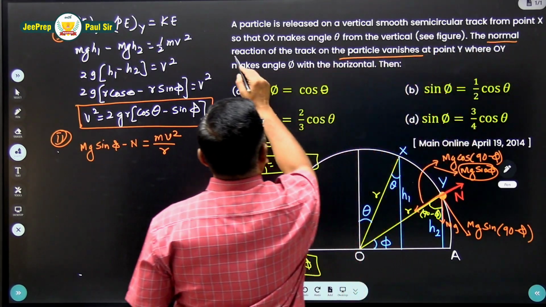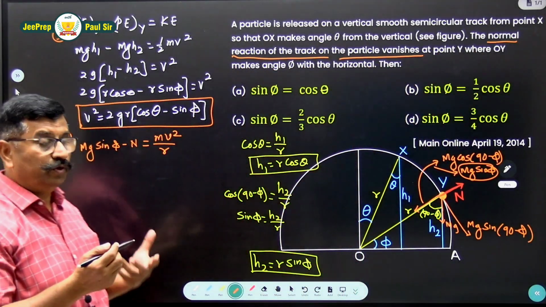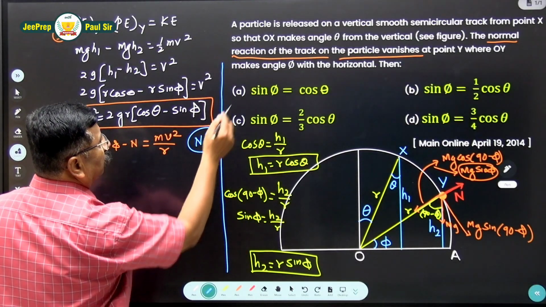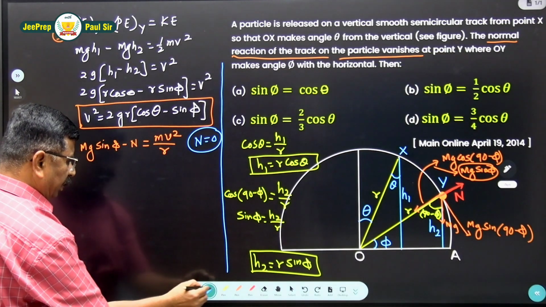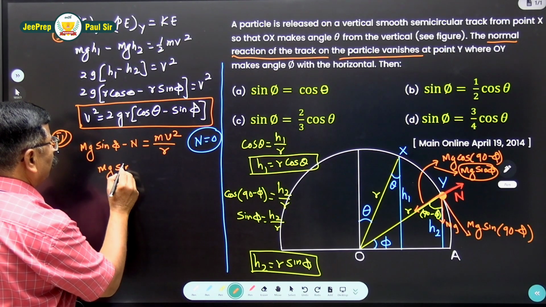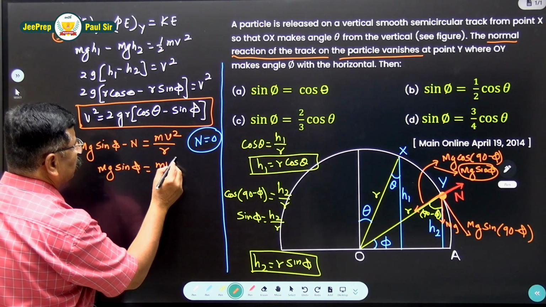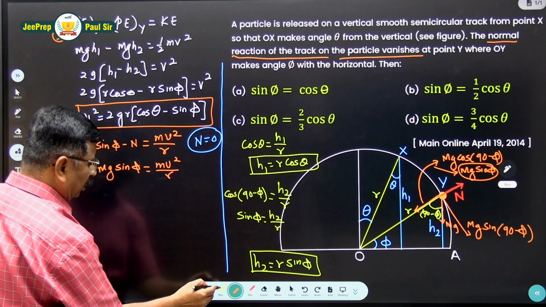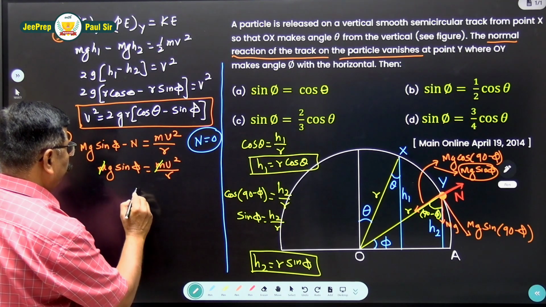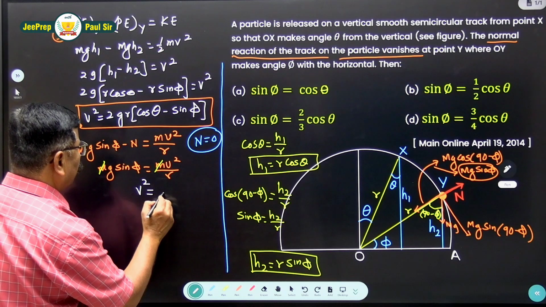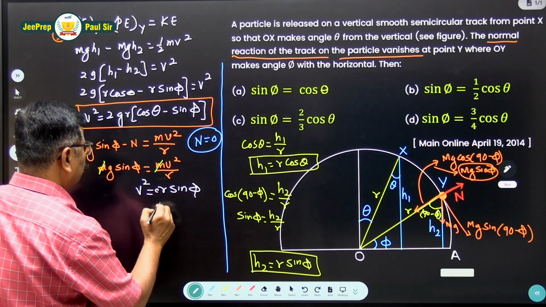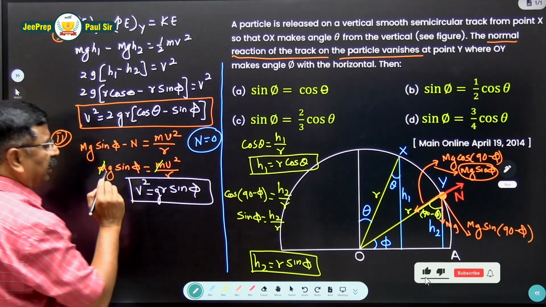So we'll put N equal to 0, because it is mentioned in the problem. Hence we will get mg sin phi is equal to mv square upon r. Now m will get cancelled and v square will come out to be rg sin phi.